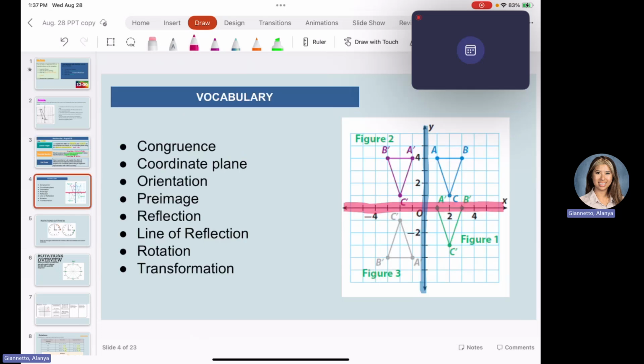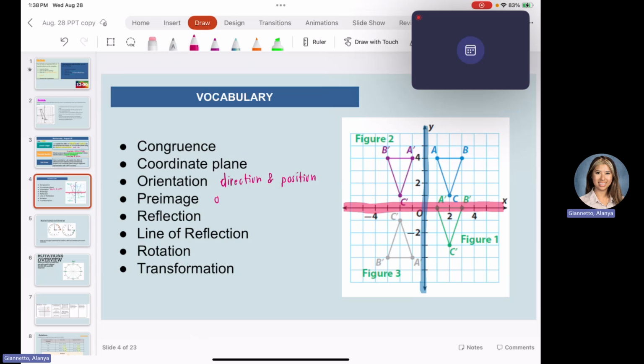Okay, so our vocabulary words are very similar to what they have been for the other lessons on transformations. So we have congruence, coordinate plane, orientation, which again means direction and location, or direction and position, I guess I should say.